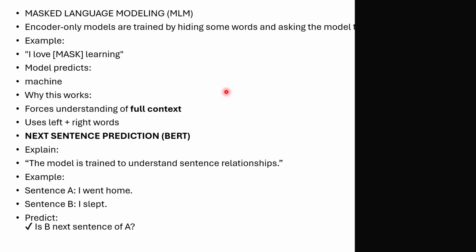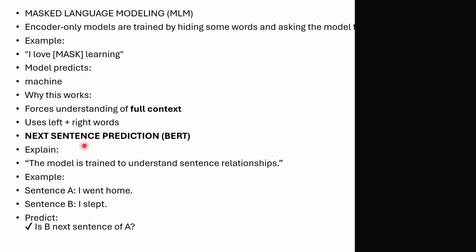Take an example: "I love [MASK] learning." The mask is like a missing word. The model predicts the missing word. Why does this work? It forces the model to understand the full context and use the left and right words.